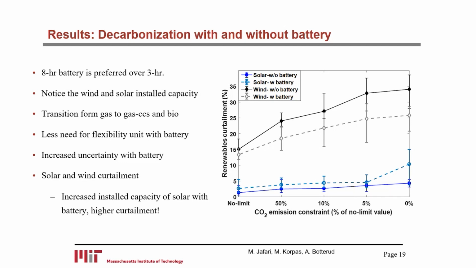It's not a bad result, but it's opposite of what we think, because if there's a lot of PV curtailment, then we can install batteries to utilize the curtailed energy.